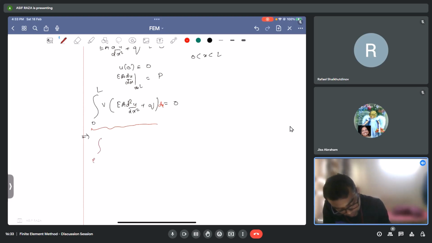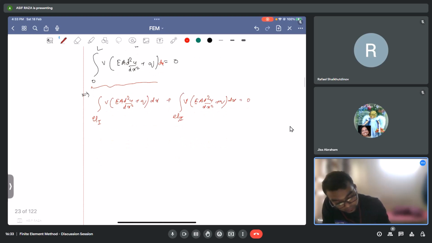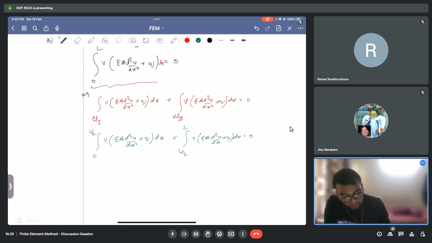So if I integrate this in the first element, the same EA d square u dx square plus q dx, plus in the second element the same thing, equal to 0. Element 1 has domain 0 to L by 2, and the second is L by 2 to L, V EA d square u dx square plus q dx equal to 0.